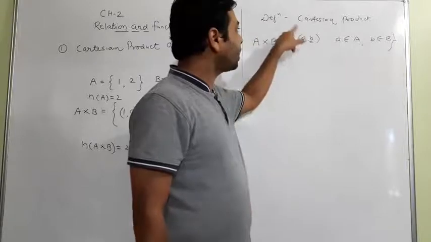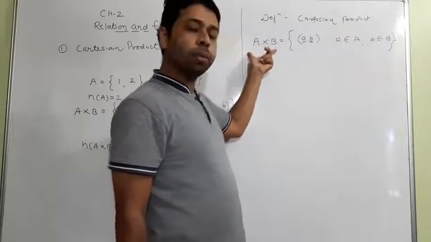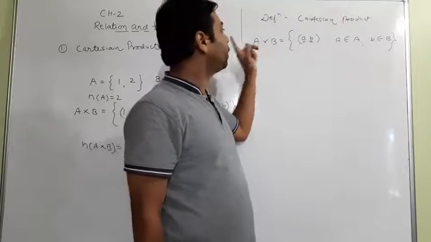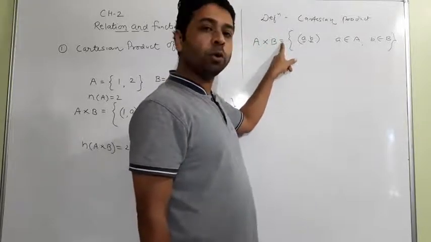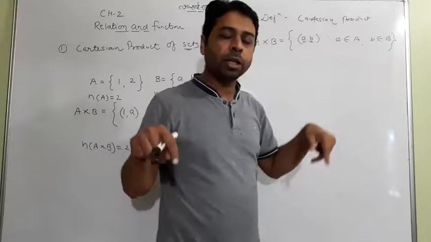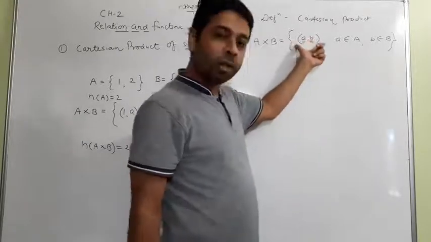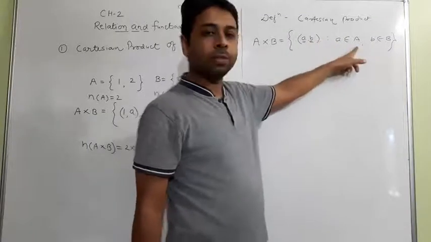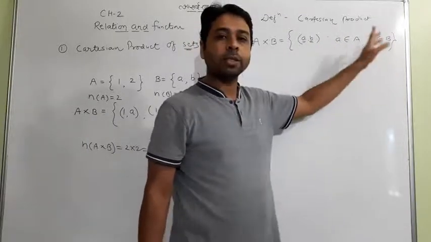By set I have put the definition, I have expressed A cross B. So A cross B is equal to the set, curly bracket, the set of all the ordered pairs like (a, b), where the first element will lie in the first set and the second element will lie in the second.